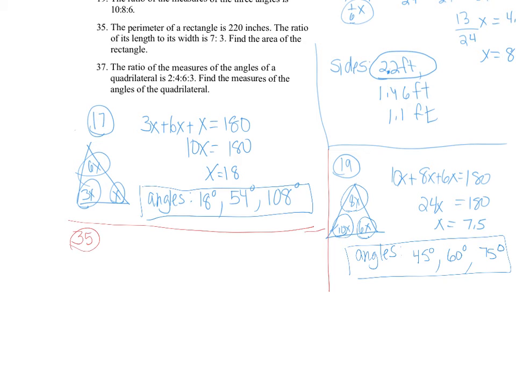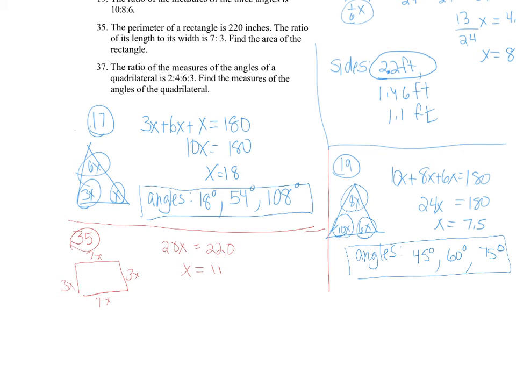If we talk about a rectangle with the ratio of length to width 7x to 3x, that would mean this is 7x and this is 3x. When we count up the perimeter, we would have 20x, all those like terms, equal to the perimeter, which is 220, which makes x equal to 11.